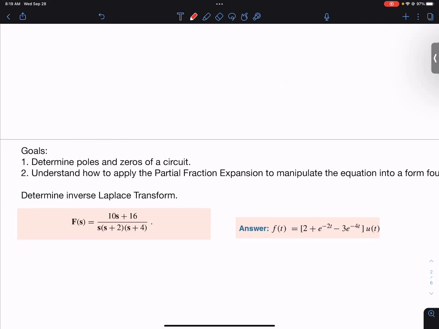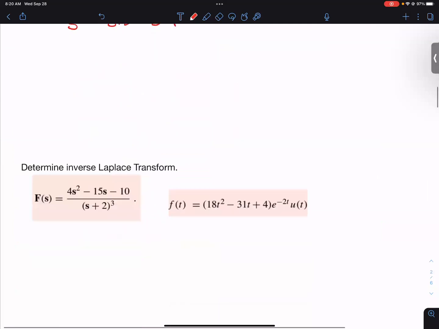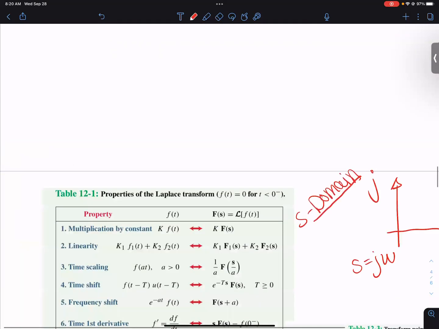If you want to factor it so you can get it into this form, then we can do the partial fraction expansion, which puts it in some unknown variable over each of the portions of this. And so we know 1 over S, and then if we have a constant A, then it's just A over S plus 2.